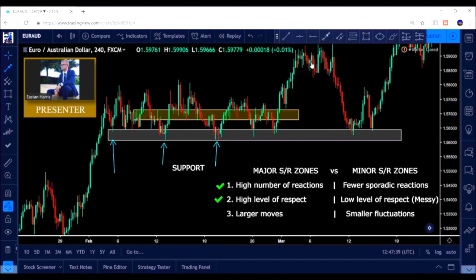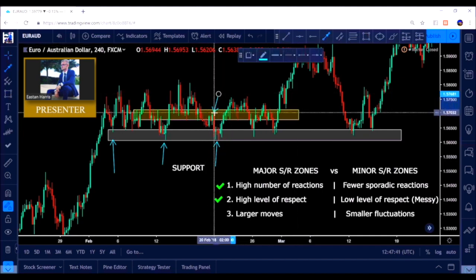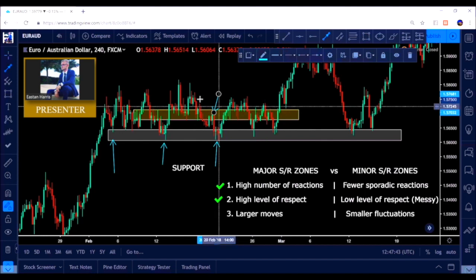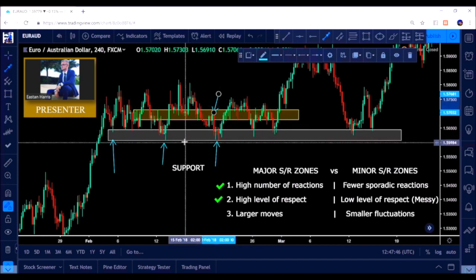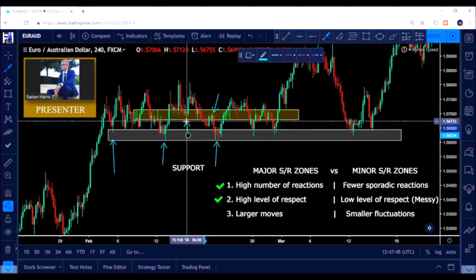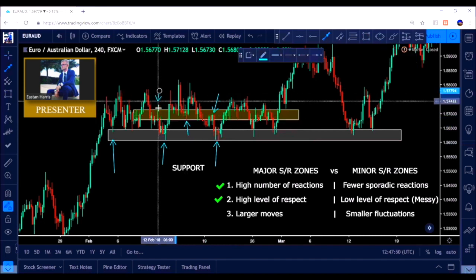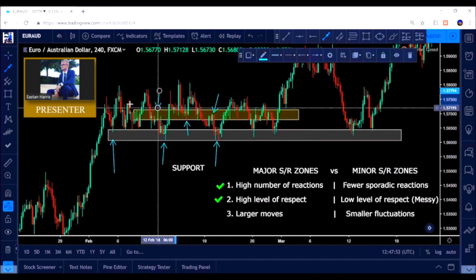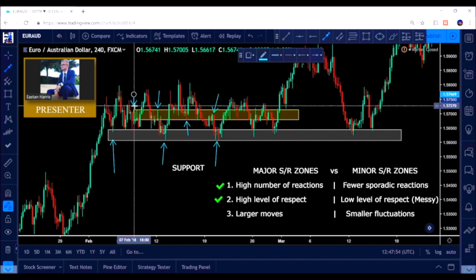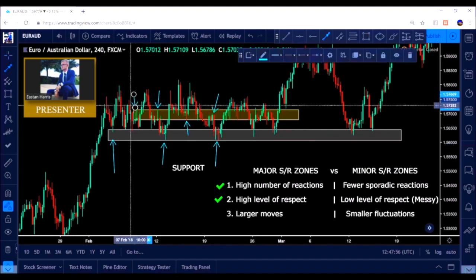You can see these interactions. You have an interaction within this area. You have another interaction within this area. Here, another interaction. You've got miscellaneous interactions throughout here.